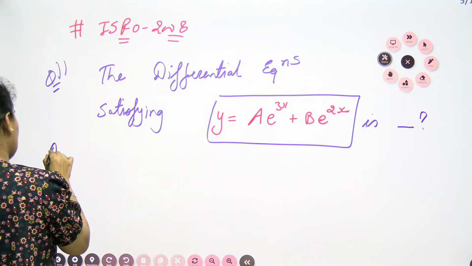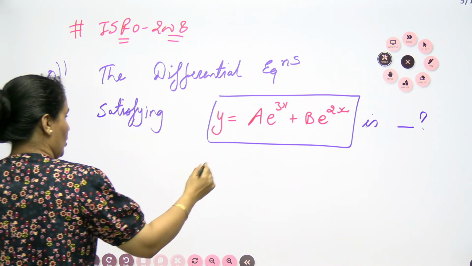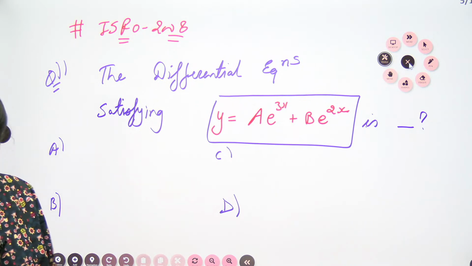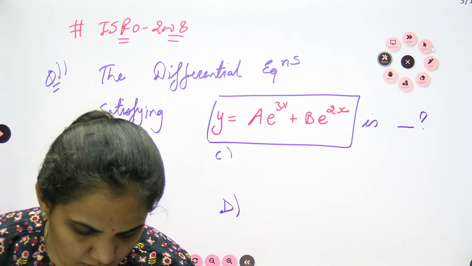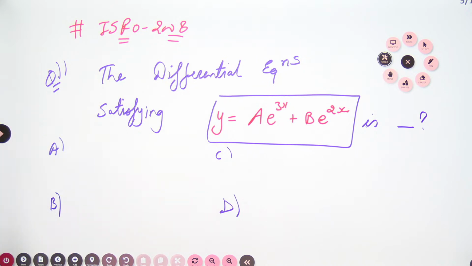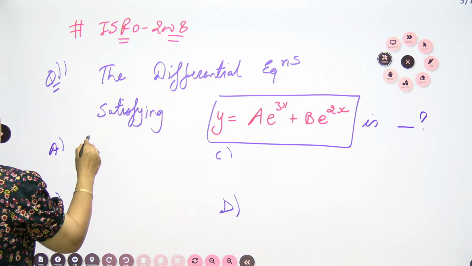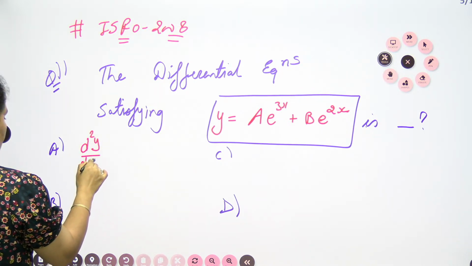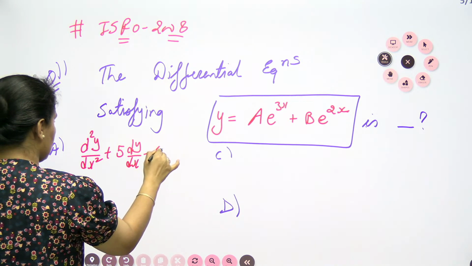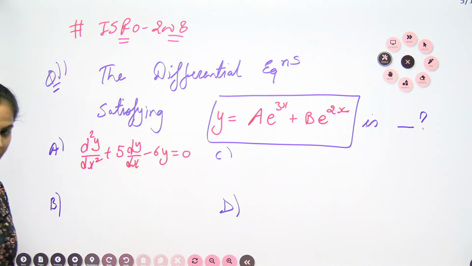So the options are available for us. Let me write down the options. My first option is d2y by dx2 plus 5 dy by dx minus 6y equals 0.